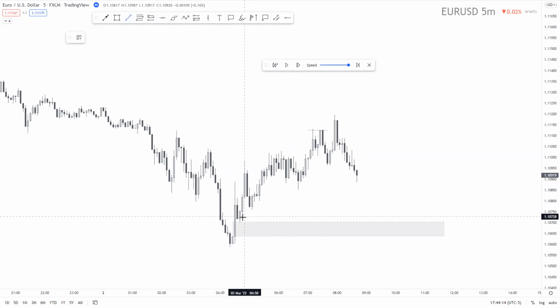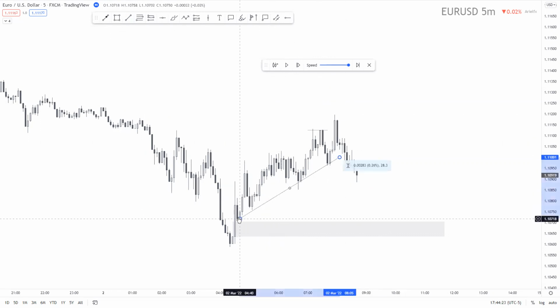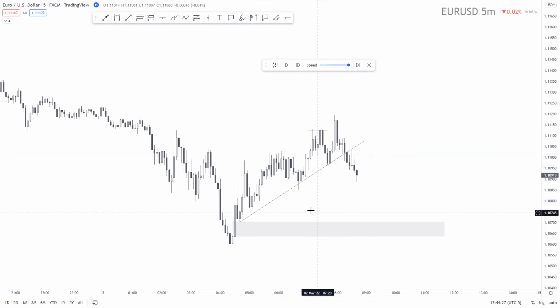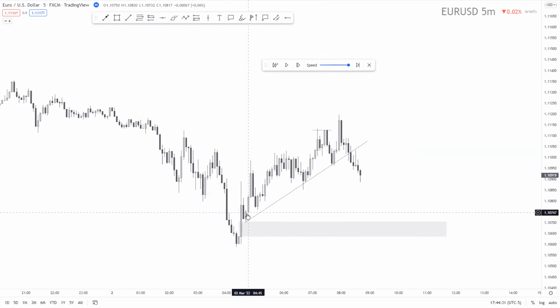So what we like to do as well is look at where retail liquidity is resting. And you can see that it was clearly going to be resting under these lows. This was a trend line. So a retail trend line is obviously going to generate a lot of liquidity, right? Because retail traders are looking at where they should place stops or where they should buy based off of a trend line or support and resistance.